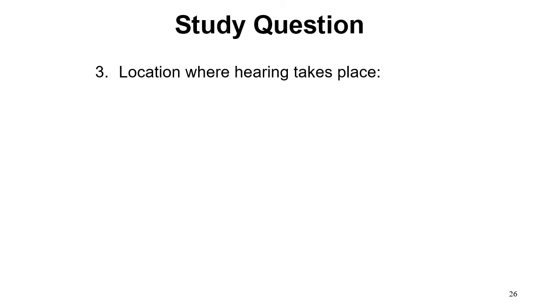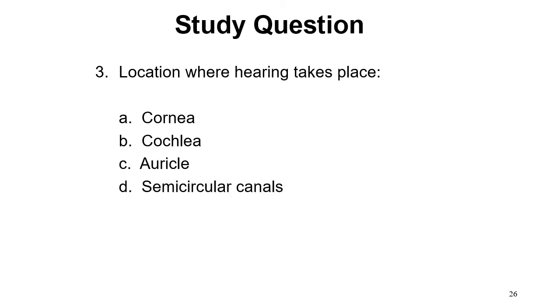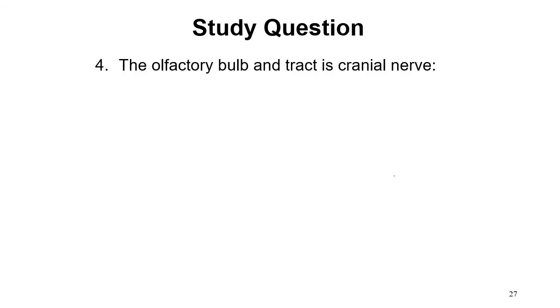Location where hearing takes place, the most specific answer. A, cornea, B, cochlea, C, auricle, D, semicircular canals. Hearing takes place in B, the cochlea. Question 4.